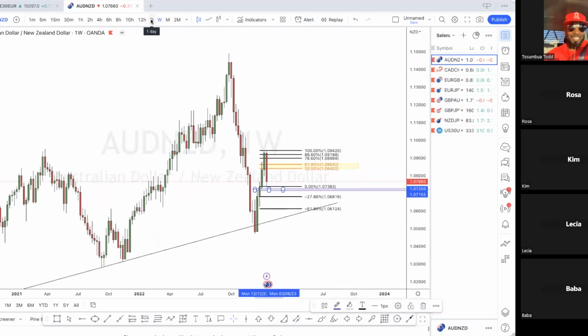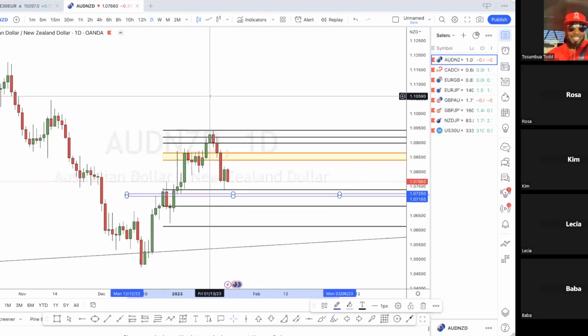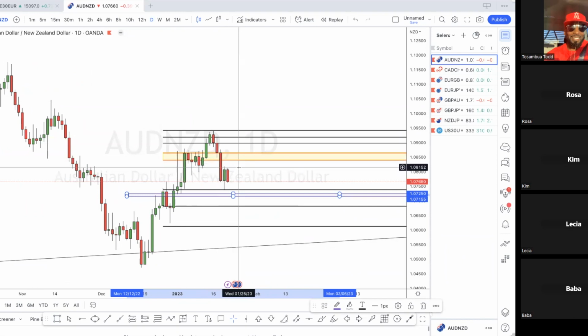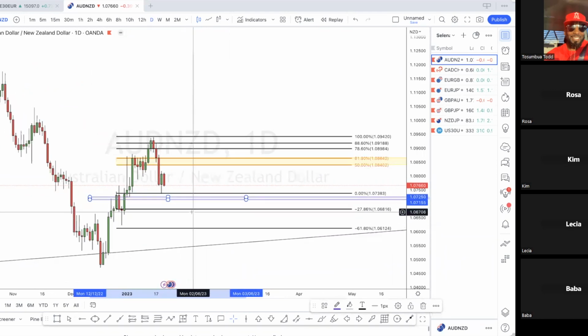And let me just break it down to the daily. So price pulled. We're looking for price to pull back to sell down to the imbalance here. There's more imbalance on the daily. There's an order block. There's a 78.